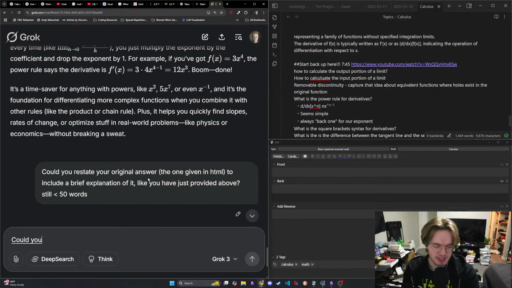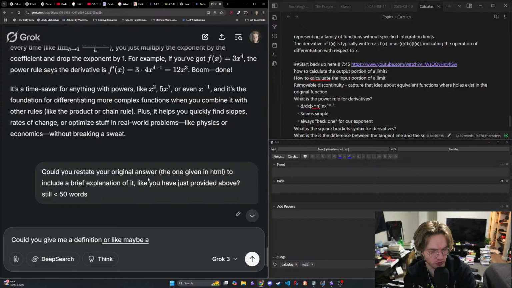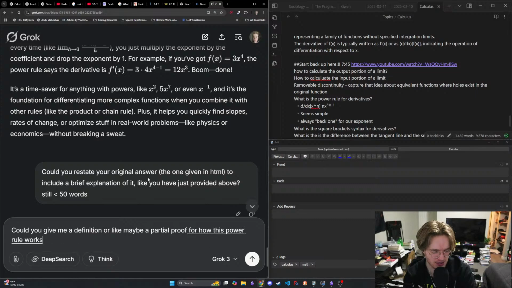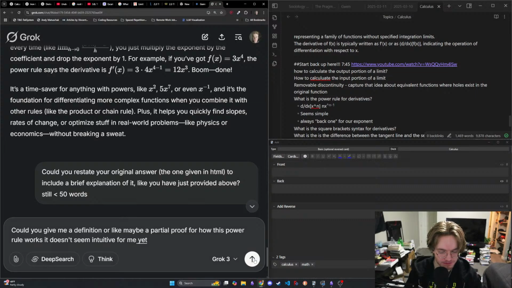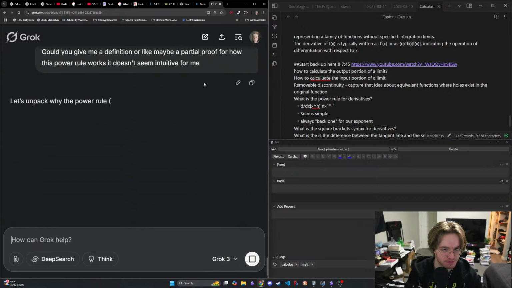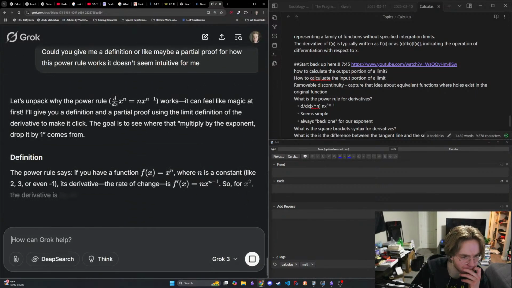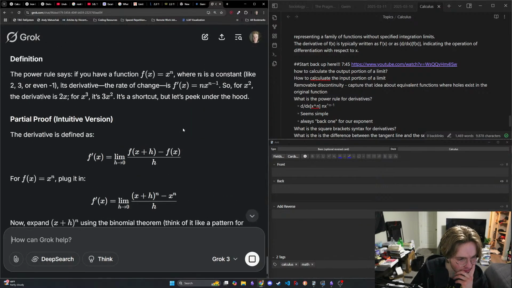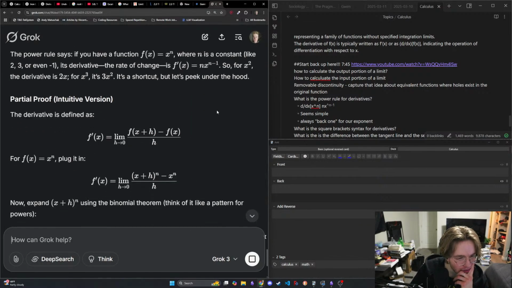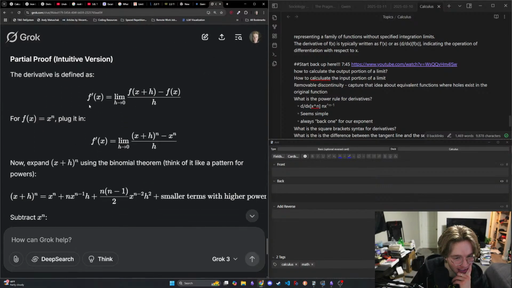Could you give me a definition or maybe a partial proof for how this power rule works? It doesn't seem intuitive to me yet. Oh, okay. Derivative. I need to look into this function.